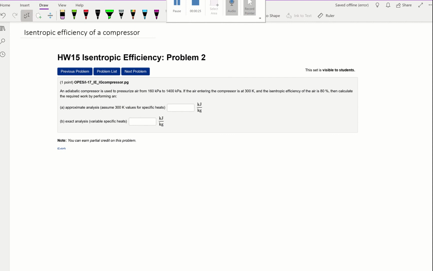So we're going to draw a compressor. It starts at 160 kilopascal and is compressed to 1400 kilopascal. It tells me the air, so it's an ideal gas, comes into the compressor at 300 Kelvin, and they tell us the isentropic efficiency for this compressor is equal to 80%.